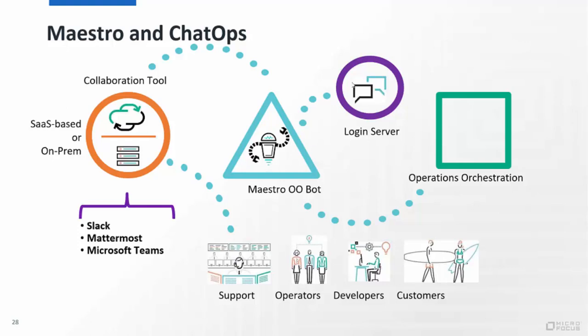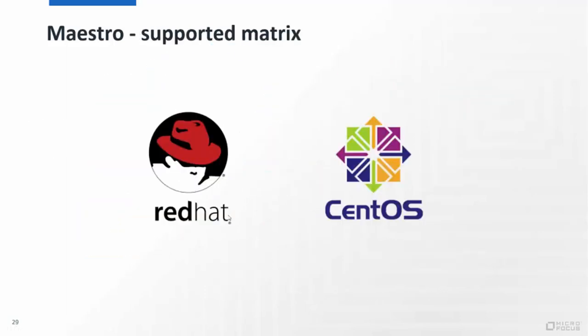So you are actually authenticating through the bot with your Operations Orchestration Central. You are going to be authorized by the Operations Orchestration authorization mechanism, and you'll be able to take several Operations Orchestration actions that we will see in the upcoming slides. Okay, I hope it's clear where the Maestro Bot fits into this story.